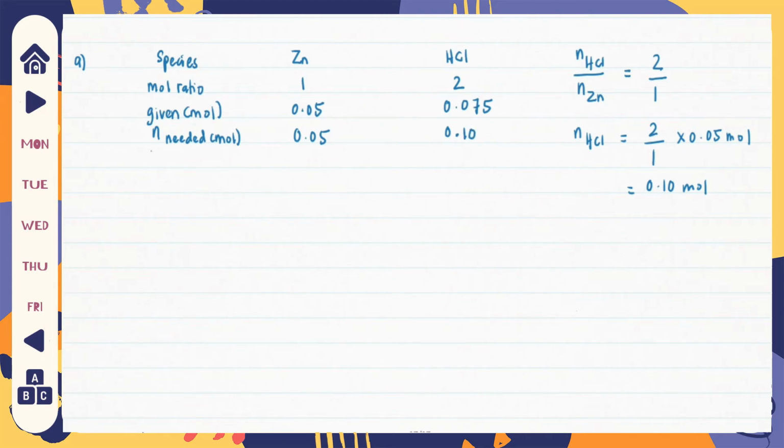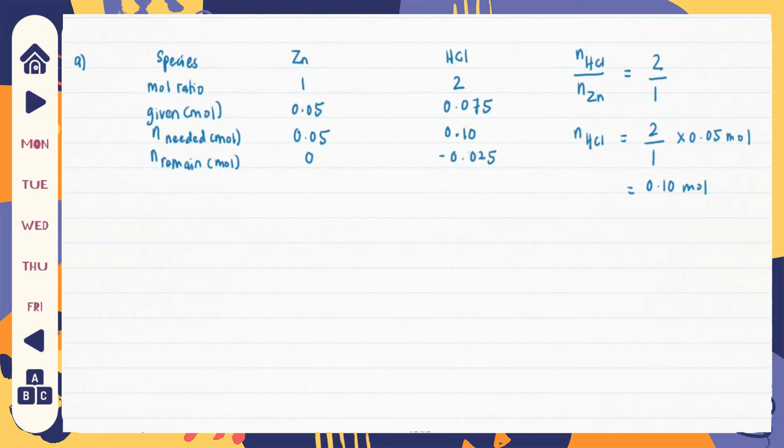So how many mole will remain after the reaction complete? For zinc, which is completely used, so it will left 0. And then for HCl, it will left negative 0.025.